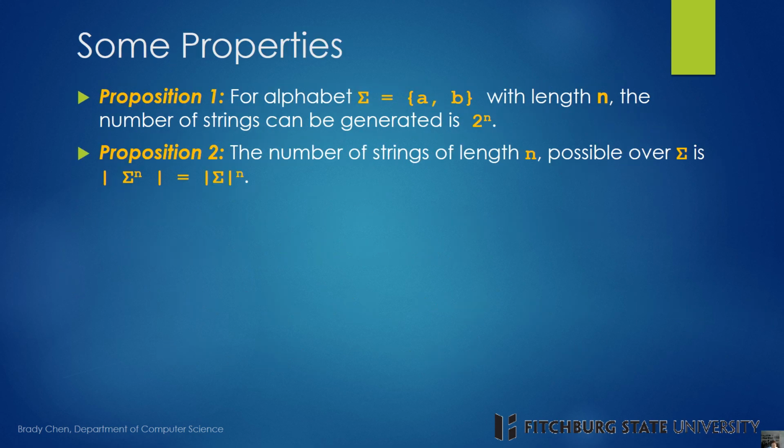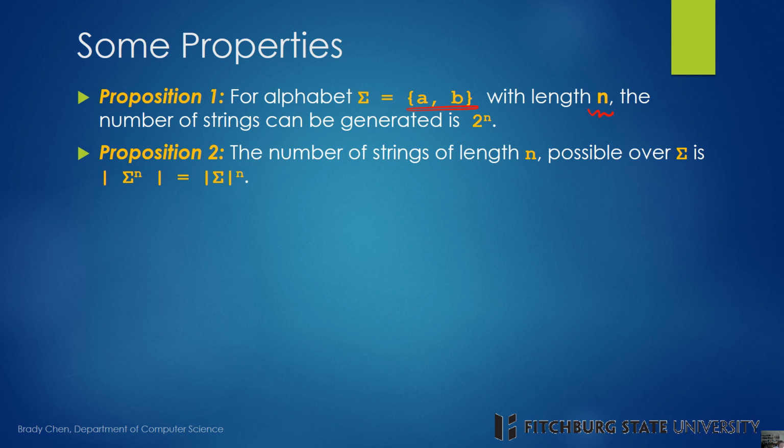Now let's actually talk about two properties of the automata. So proposition 1 says for alphabet sigma, which contains two elements, A and B, with length n, the number of strings that can be generated is 2 to the n.